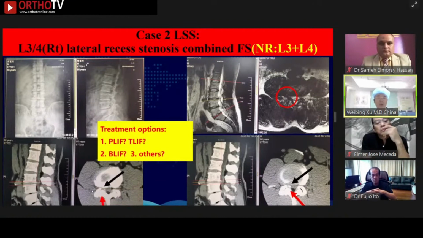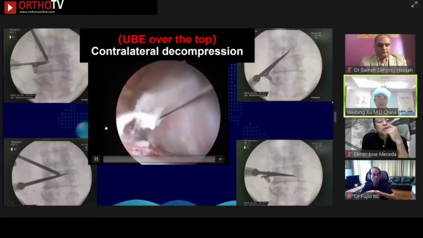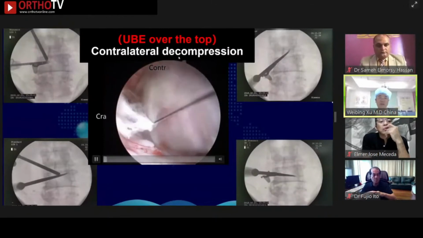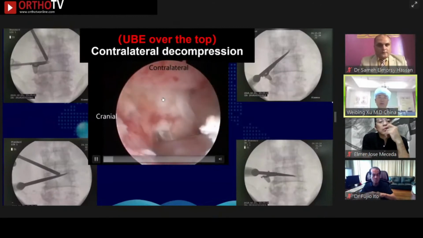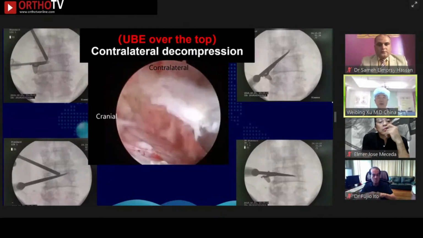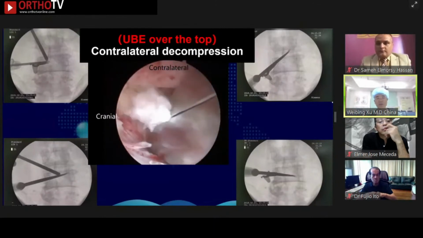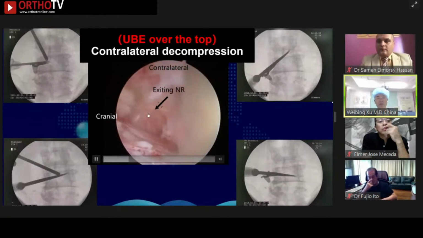We choose contralateral over the top decompression. We decompressed both the exiting nerve root and the traversing nerve root. This is the exiting nerve root.